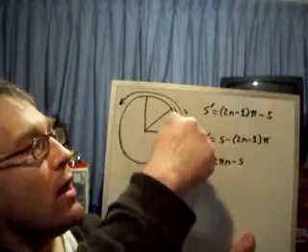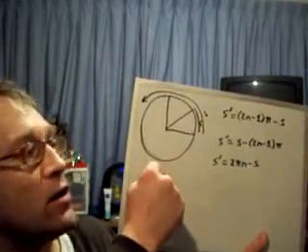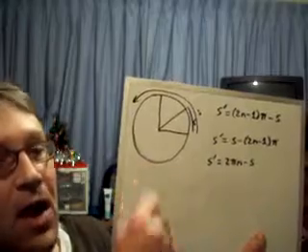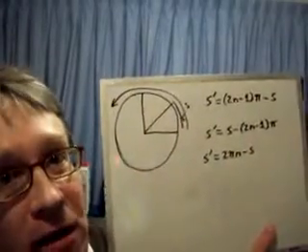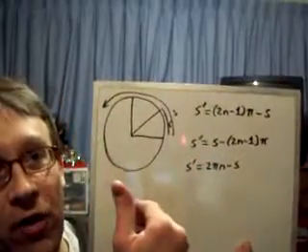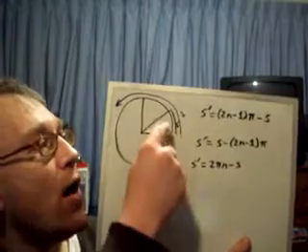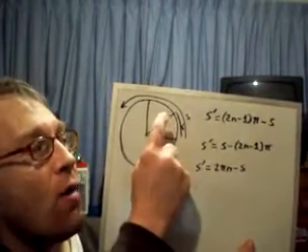Now let's say we extend S all the way past the diameter here and go into what is called the third quadrant. You remember the Cartesian coordinate system? It has quadrants: Quadrant 1, Quadrant 2, Quadrant 3, and Quadrant 4. Quadrant 1 means that all x and y values are positive.